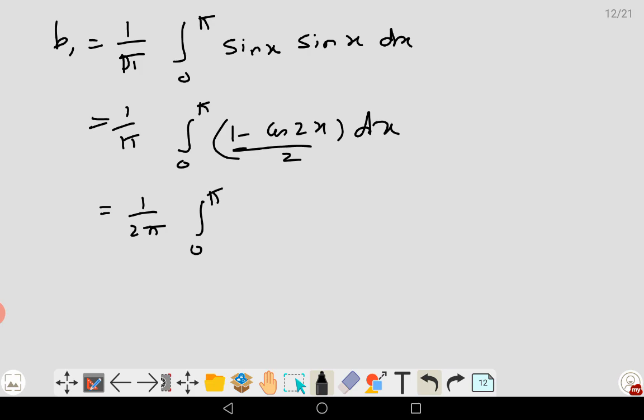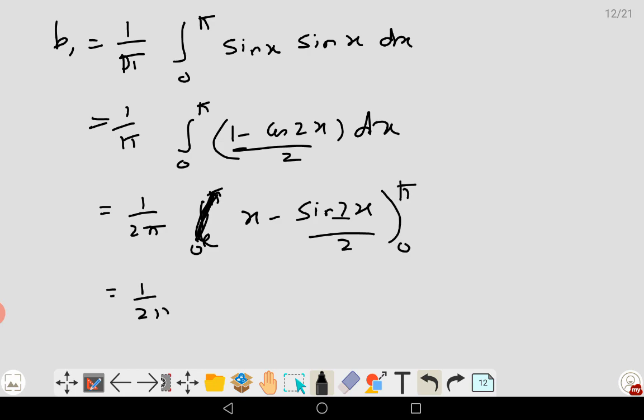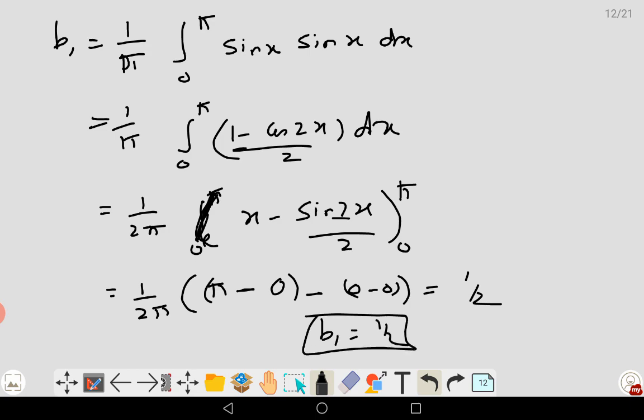So it will be 1 over 2 pi integral 0 to pi. Integration will give you x minus sin 2x over 2 from 0 to pi. What you get, 1 over 2 pi, upper limit will be pi minus sin 2 pi, which is 0, minus the lower limit, which is 0, so it should be 1 by 2. So b1 will be 1 by 2.